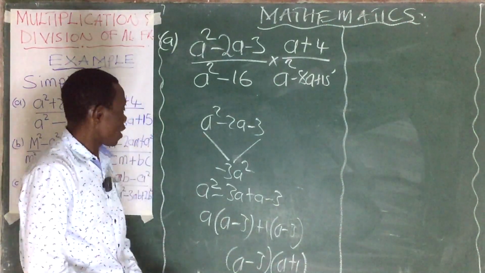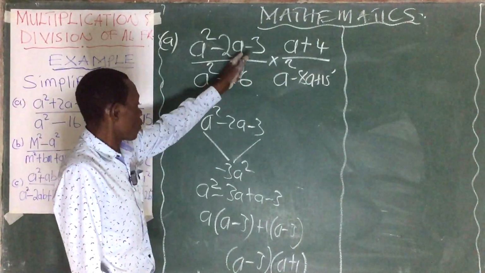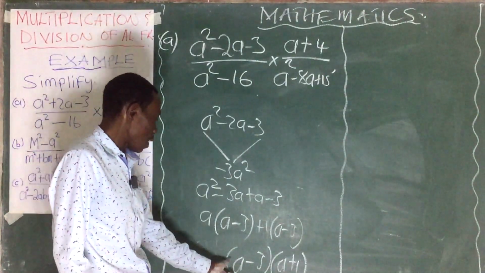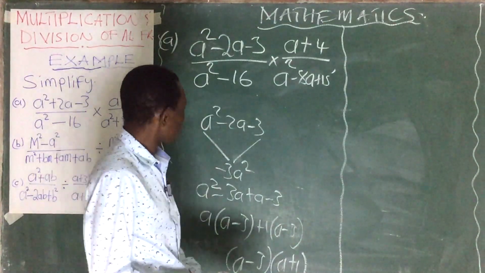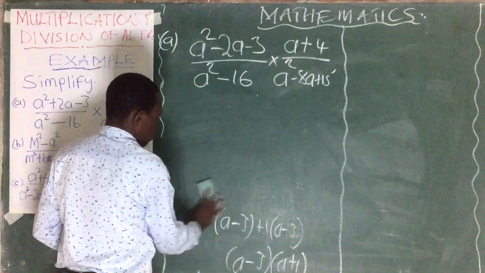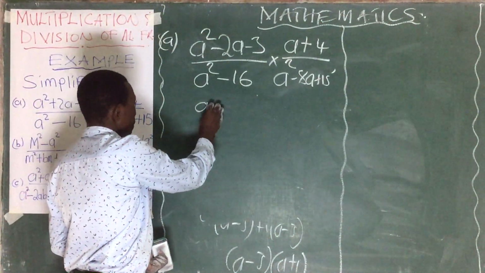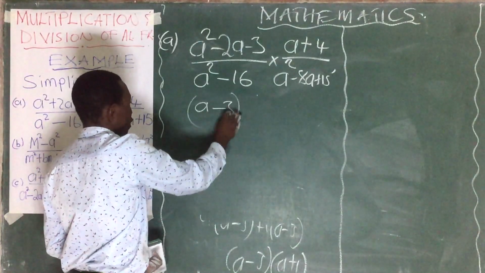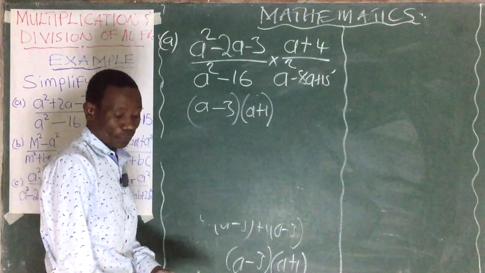I know you're already conversant with factorization. So the solution you get is a minus 3 and also a plus 1. I'm going to write it: a minus 3, and also here a plus 1 as such.